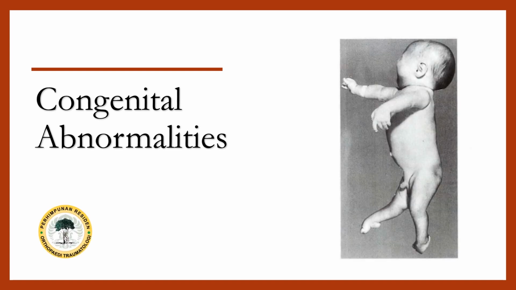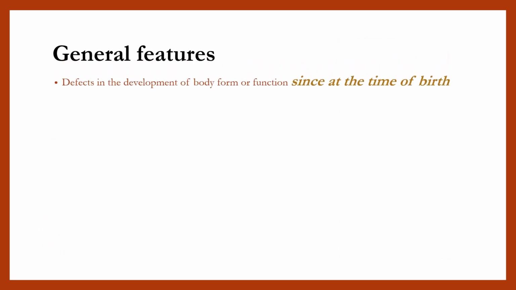Congenital abnormalities in orthopedics. General features: defects in the development of body form or function since the time of birth. Localized and generalized.